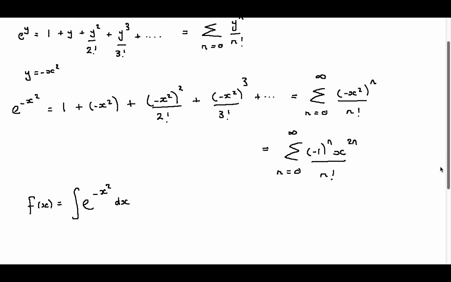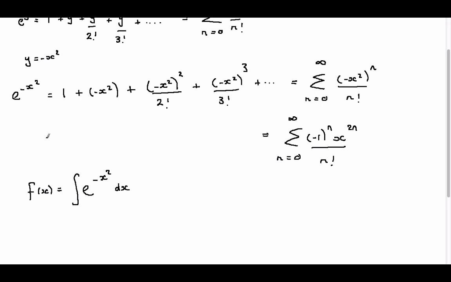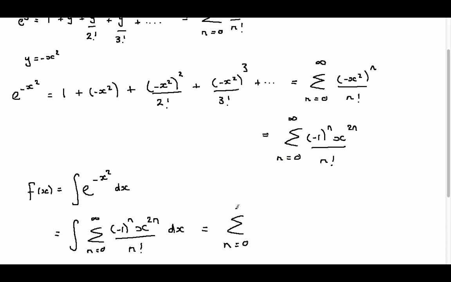So we can use this general summation, this Maclaurin series for e to the minus x squared, and we can say that f of x is equal to the integral of the sum from n equals 0 to infinity of minus 1 to the n x to the 2n over n factorial, and we just need to perform this integral, and so we'll get the sum from n equals 0 to infinity of minus 1 to the n x to the 2n plus 1 all divided by n factorial times 2n plus 1, not forgetting the plus c.